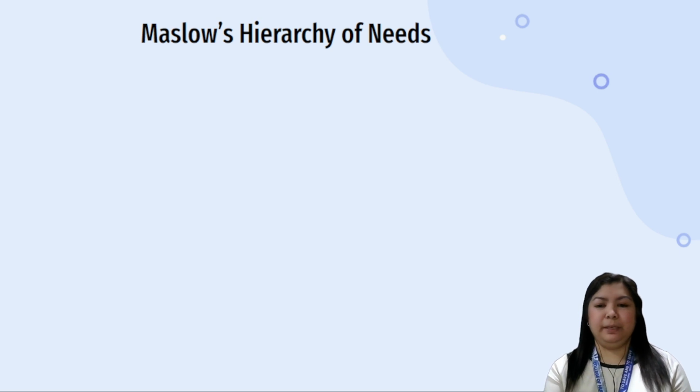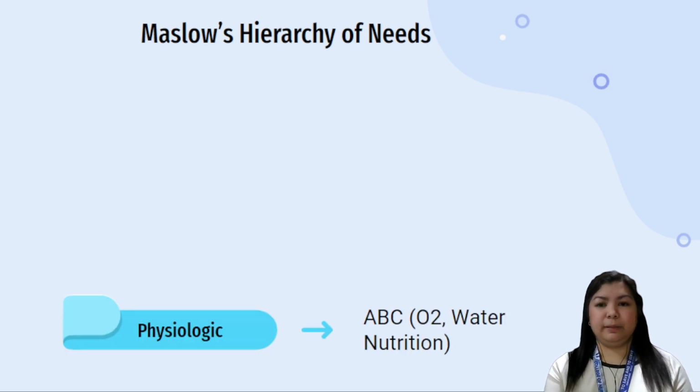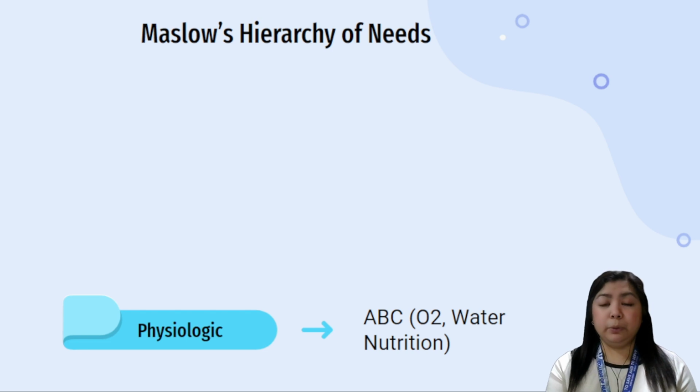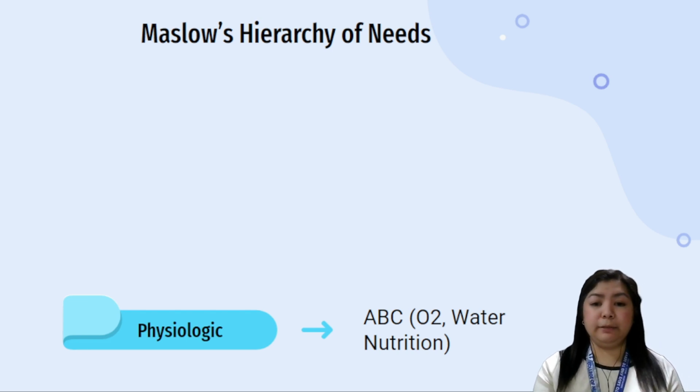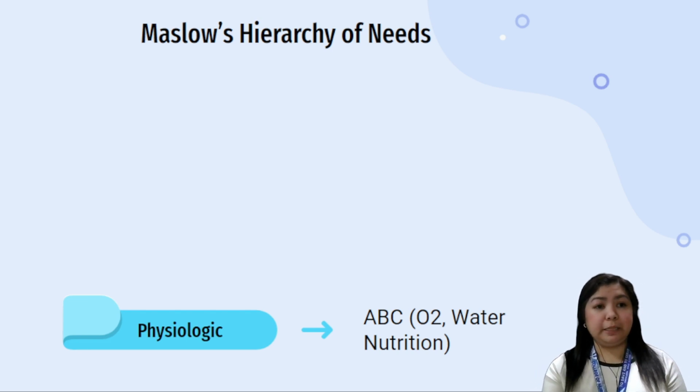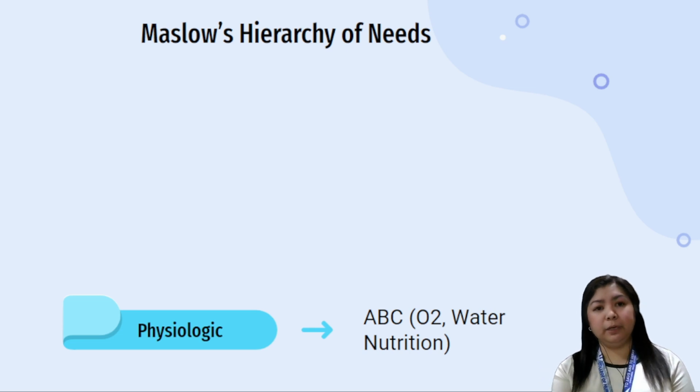For the first, the most basic and the foundation for the different needs of the patient according to Maslow is physiologic. For ABCs, airway, breathing, circulation, think physiologic, or these are your basic human needs, for which you may start with oxygenation, water, and nutritional needs of your patient.